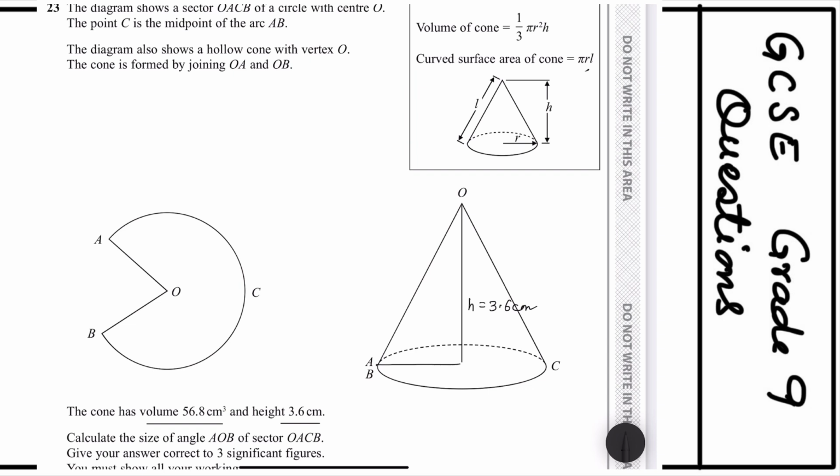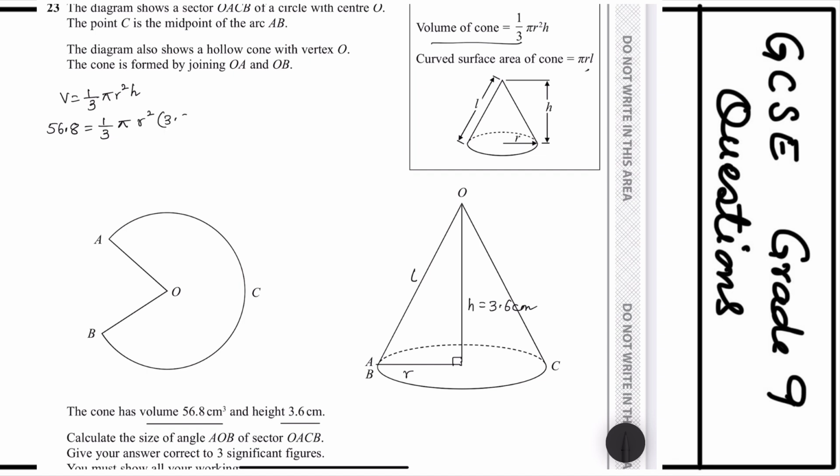And let's label the radius of the cone R and the slant height L. And let's take the volume of the cone, which is 1/3 pi r square h. So the volume is 56.8, which is equal to 1/3 of pi r square, and h is 3.6.